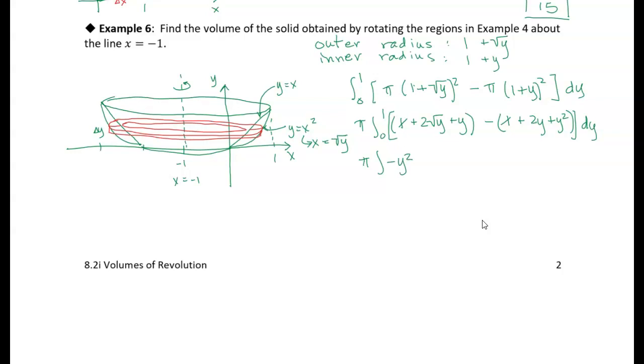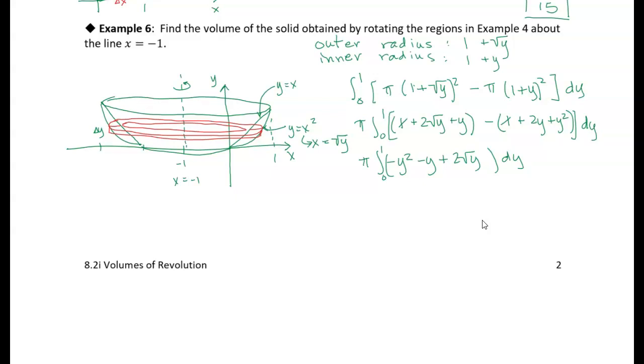And then we've got 2 y terms, right? We're going to have y minus 2y, so we're going to end up with minus y. And then the only thing we have left is this 2, so plus 2 square root y. Okay, so if I clean that up, that's what we get, dy. Whoops, integral from 0 to 1. I almost forgot my limits of integration.